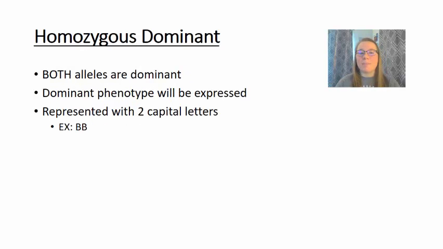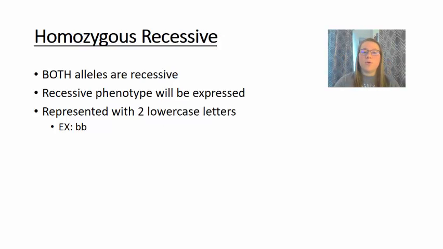Homozygous dominant is what happens when both copies of the allele are dominant. So we have two capital letters. We have a dominant phenotype being expressed. Homozygous recessive is when both copies of that gene are lowercase, or both copies are recessive.